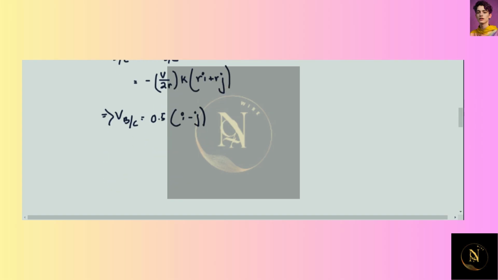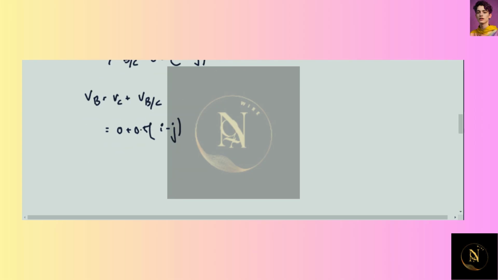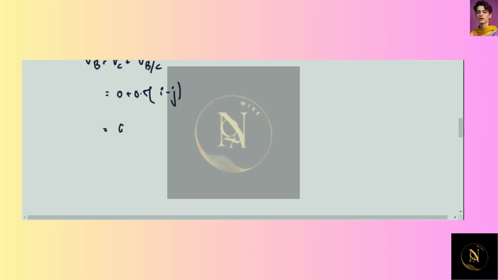Now the velocity at point B is Vc plus Vbc, which is 0 plus 0.5 v i minus j, that is v upon 2 i minus j.